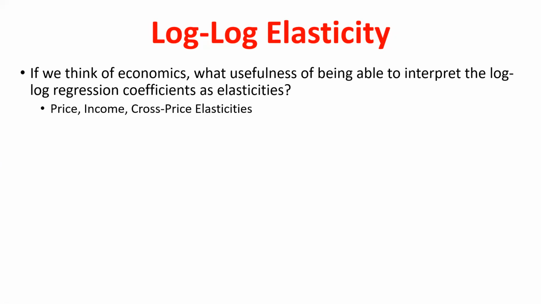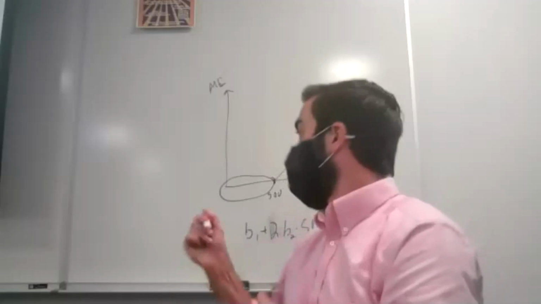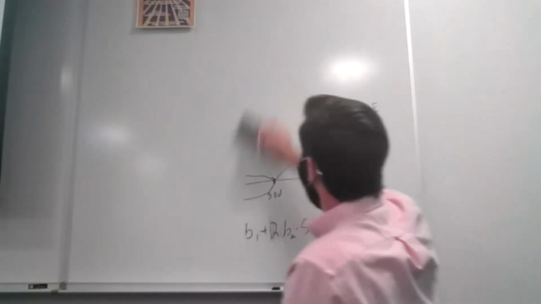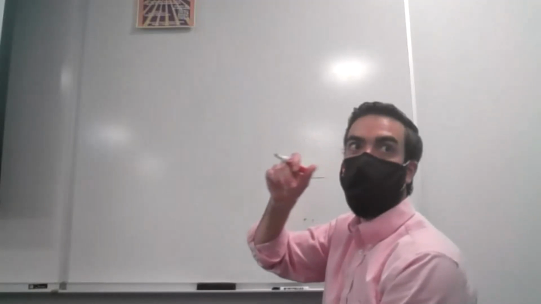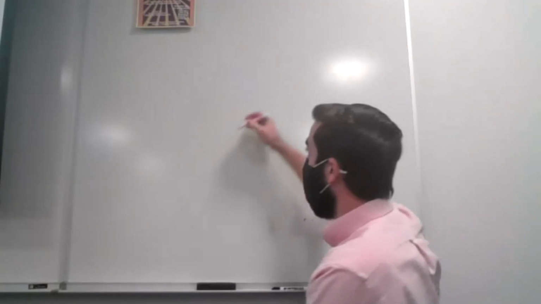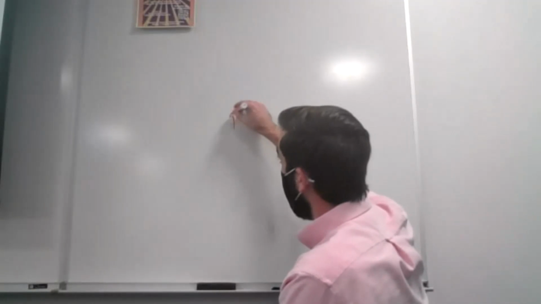A percentage change in price caused this percentage change in quantity. Well, how could I get that? I just told you, I can interpret that coefficient as a 1% change in X causes this percent change in Y.